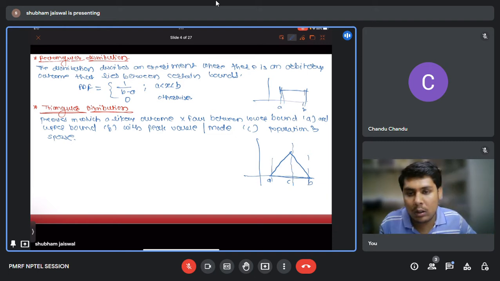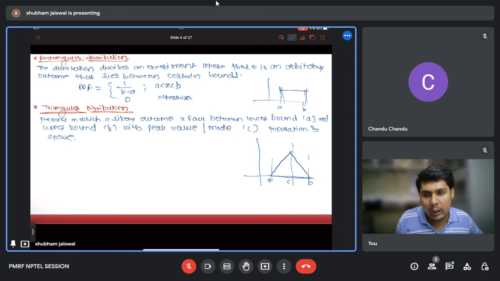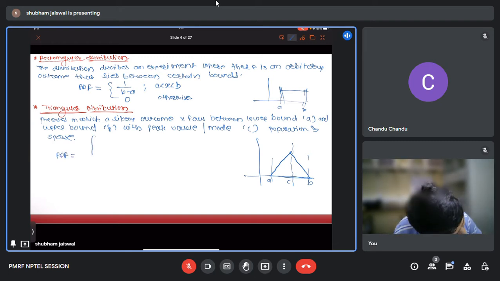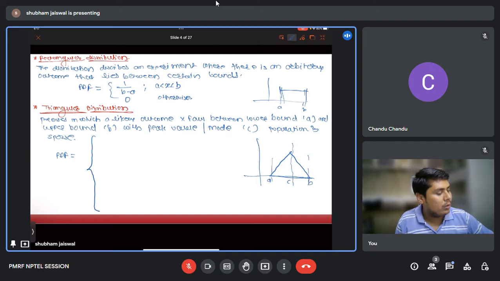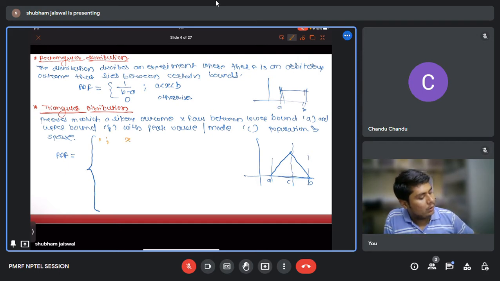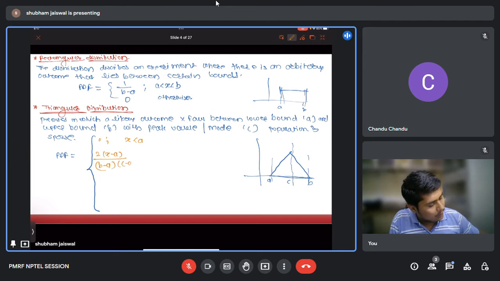So in this case, the probability density function depends upon the range in which the outcome lies. So we have 5 different PDFs for triangular distribution. The first one is 0 when x is less than a. Then we have 2 times (x minus a) divided by (b minus a) and (c minus a), when a is less than or equal to x but x is less than c.